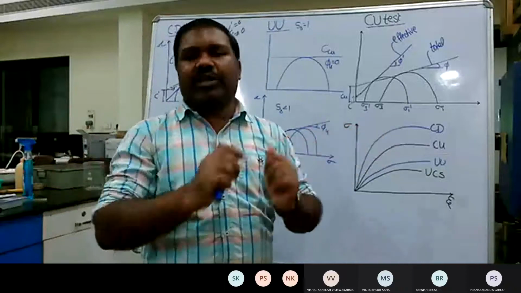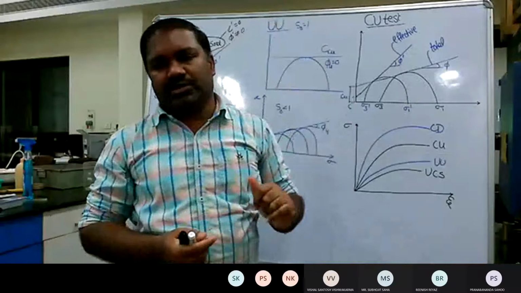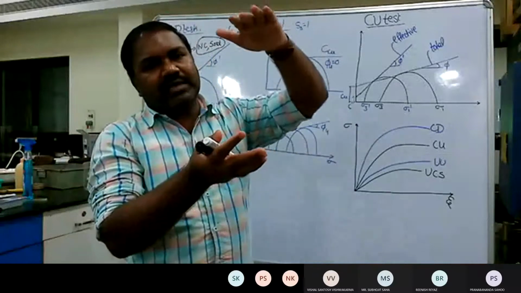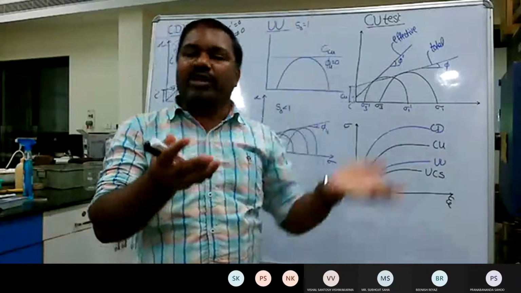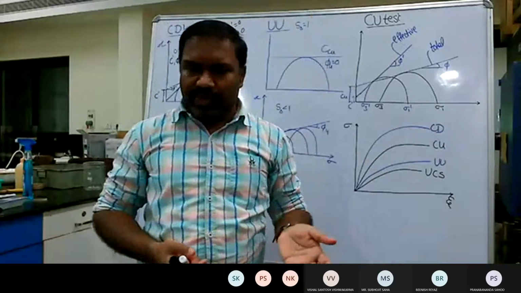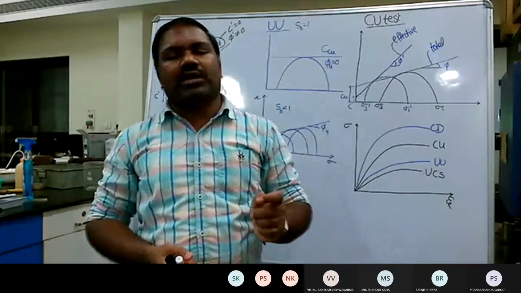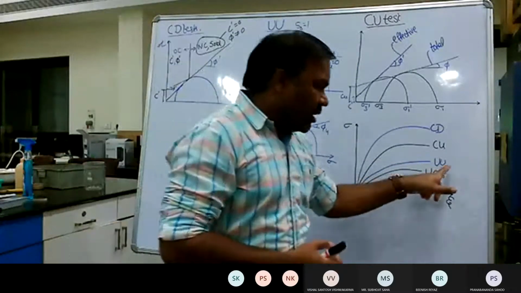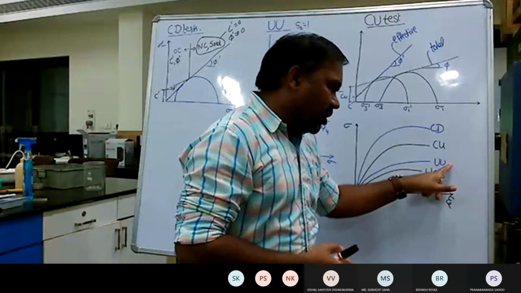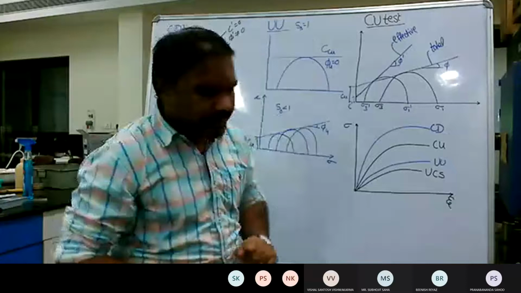When you apply the axial stress on this confining pressure, it is obvious that the axial stress can be borne higher than the confining pressure itself. Unless your deviatoric stress exceeds that of the cell pressure, the sample will not fail. Therefore, the strength obtained from the UU is always higher than the UCS.